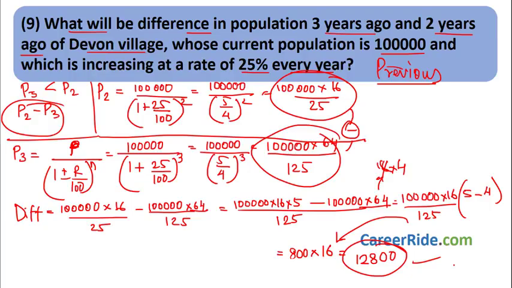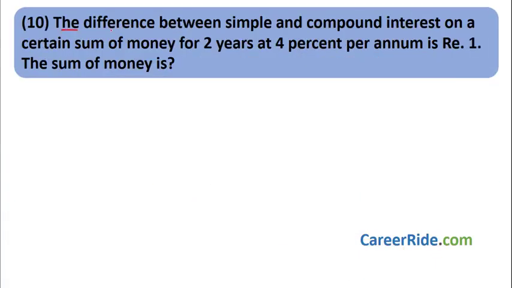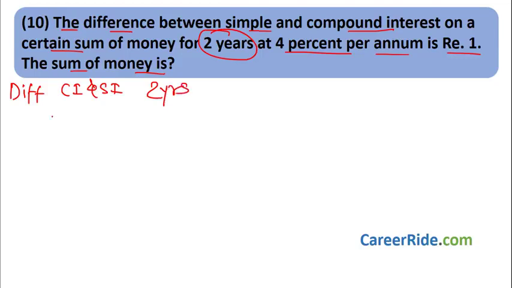Moving to the next question. The difference between simple and compound interest on a certain sum of money for 2 years at 4% per annum is rupee 1. What is the sum of money? Again, as we have seen at the start, whenever they have given a difference between compound interest and simple interest for 2 years, what do we have?